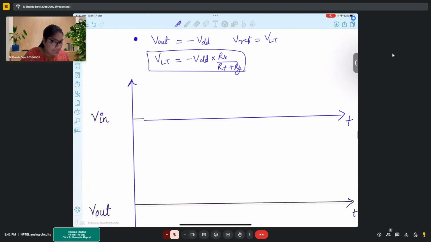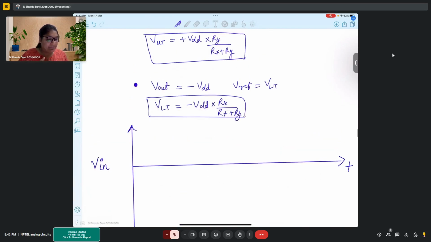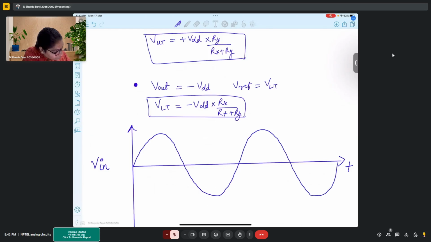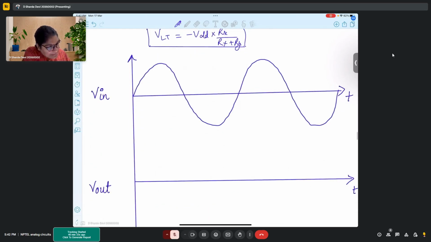Again, what I'm giving this Schmitt trigger as input is a sine wave. So there is this beautiful sine wave. Corresponding to that, we will see what outputs we are getting.